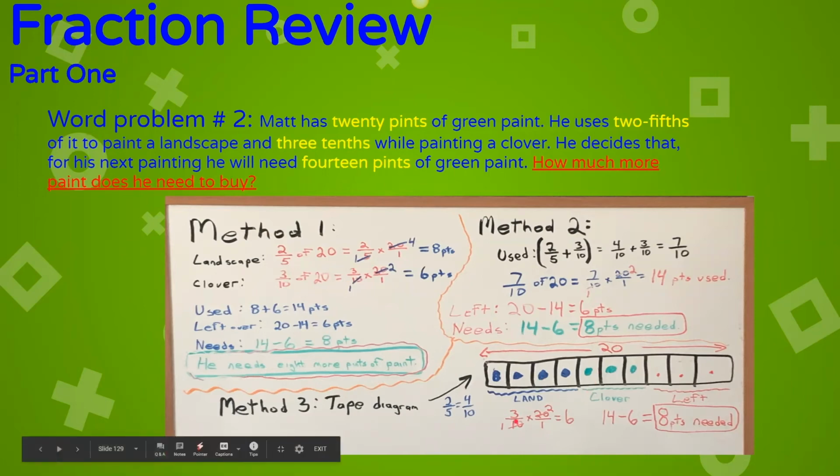So 3/10 multiplied by 20, you should have had 3 multiplied by 2 is 6 over 1. Again, our math, he needed 14. The 6 that he had left meant he still needed 8 more pints to finish the next painting.